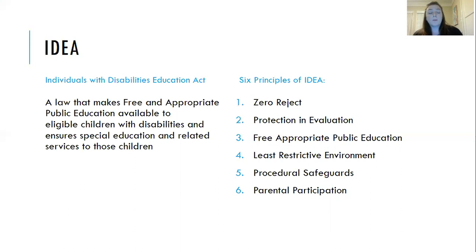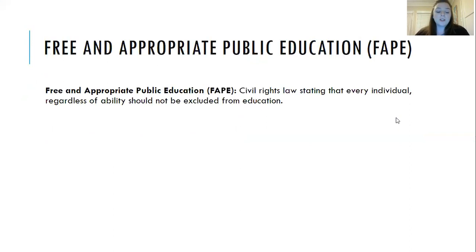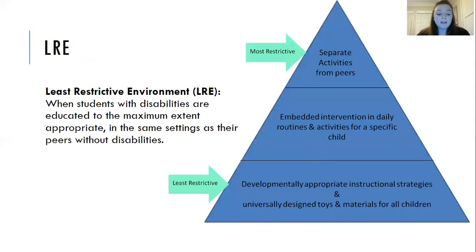And the 6th principle is parental participation, which is just collaborating with the parents when you're determining and developing the IEP. So the next thing that we're going to talk about is free and appropriate public education. FAPE is a civil rights law also stating that every individual, regardless of their ability, should not be excluded from education.